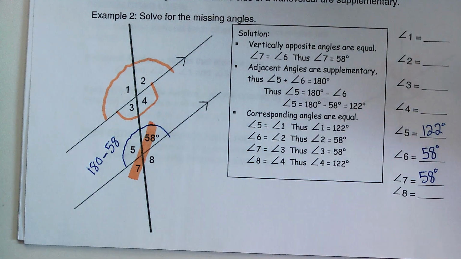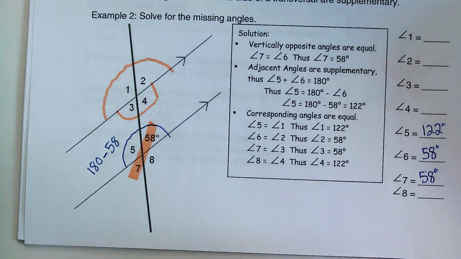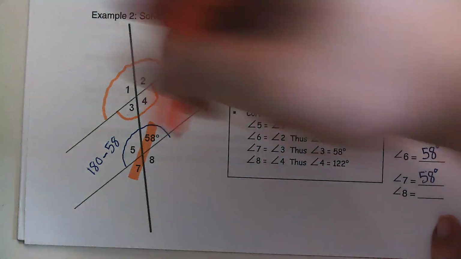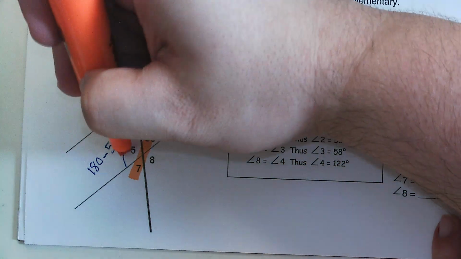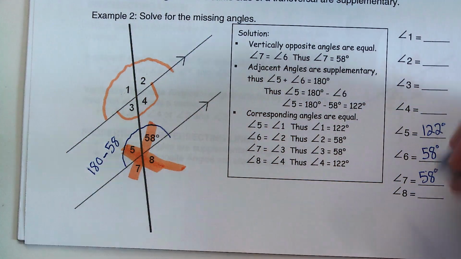And then again, depending on how you want to approach this, angle 5 and 8 are also vertically opposite. So these two are vertically opposite, which means they are equal to one another. So angle 8 is also going to be 122.